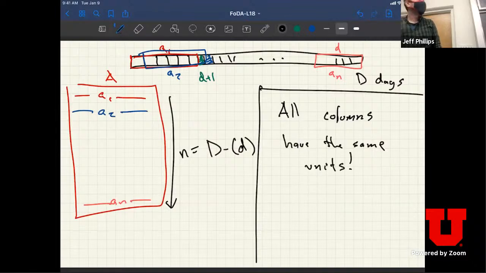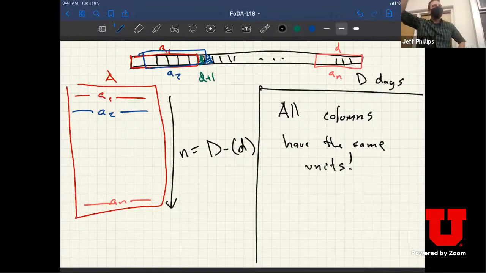That was true in the case with the weather. They're all temperature, so I was measuring them all in Fahrenheit, for instance, right? I wouldn't mix Fahrenheit and Celsius. I didn't throw in the temperature and also the wind speed. They often measure the wind speed also, but I'm not going to talk about mixing these things together in this context.